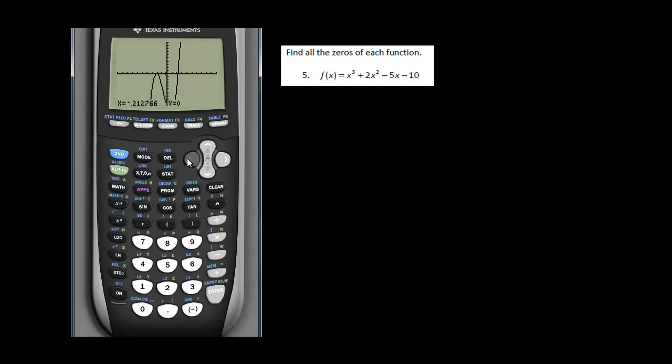So we'll do a zoom box right around here. Alright, so you see it crosses the x-axis just before the negative 2, and then it goes through negative 2. So if I look at my table, I see that my negative 2 is going to give me a 0.